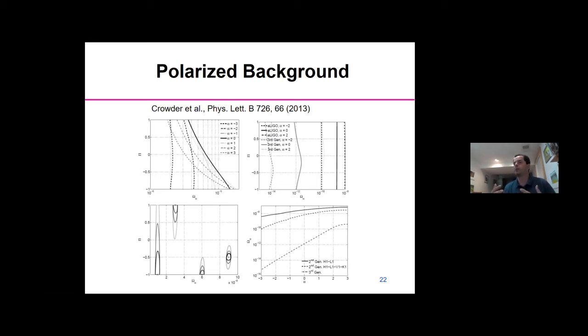We would want to figure out how much each of these is contributing to the overall stochastic background, to the energy density. So to do that, we would want to fit in frequency, we would want to fit in polarization, and we would want to fit in the direction of the sky.